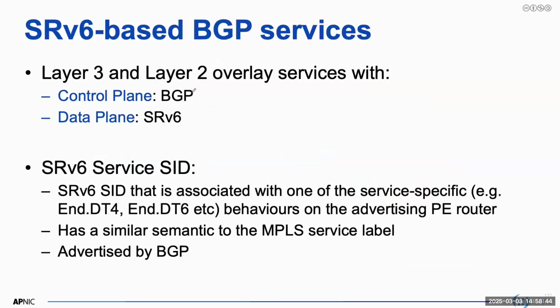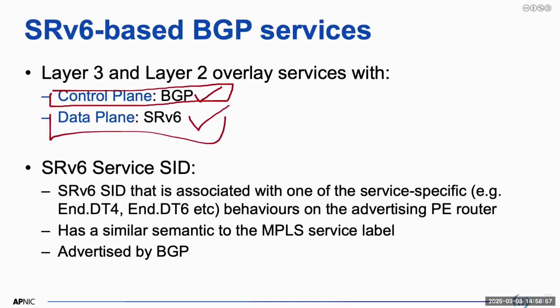Again, we will use BGP as the control plane and SRv6 as the data plane. That means we will learn the routing information using the control plane, and we will do the actual data forwarding based on SRv6. This is where we learn about the routing, and this is what we use for the forwarding.